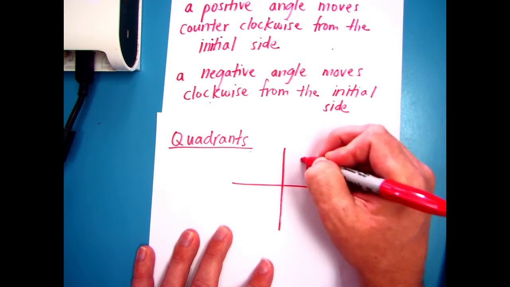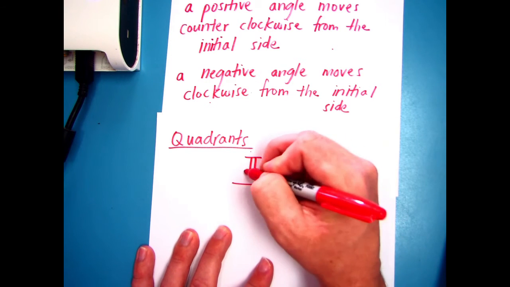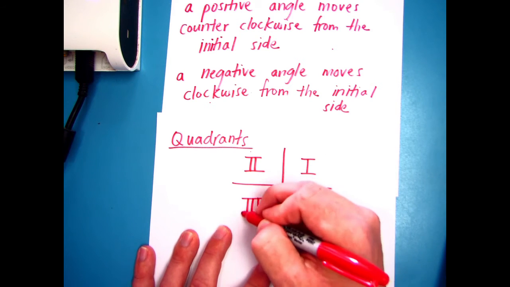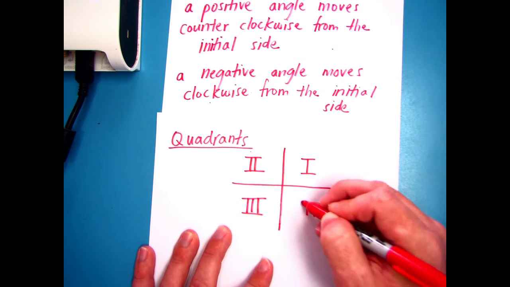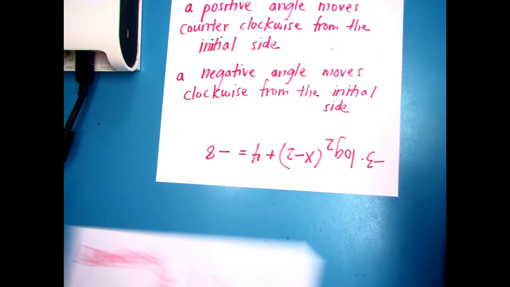Starting in the top right, that is quadrant 1, and moving counterclockwise around, we have quadrant 2, quadrant 3, and quadrant 4.